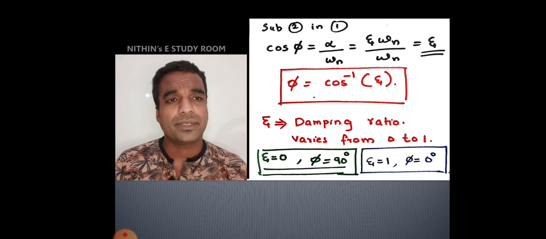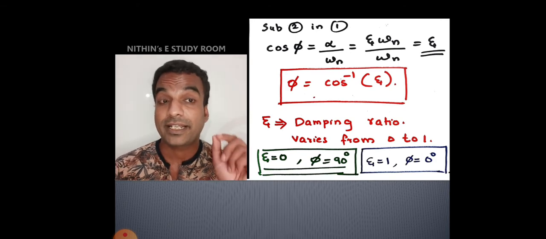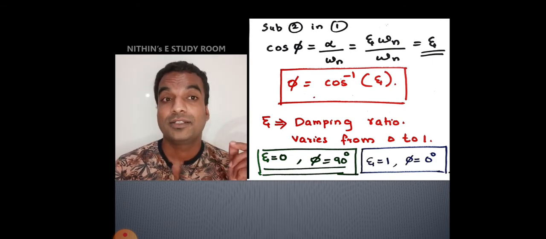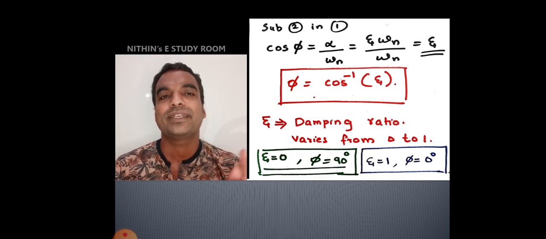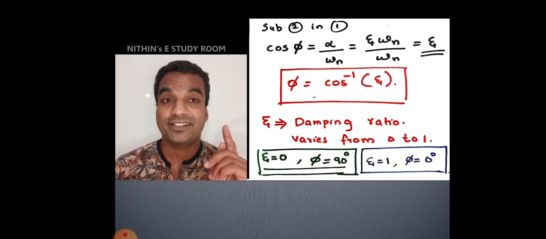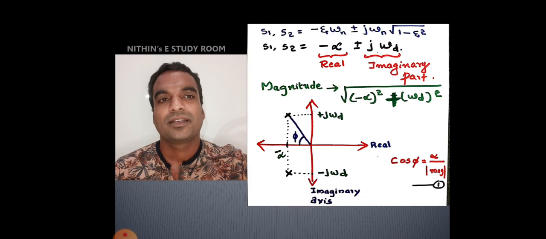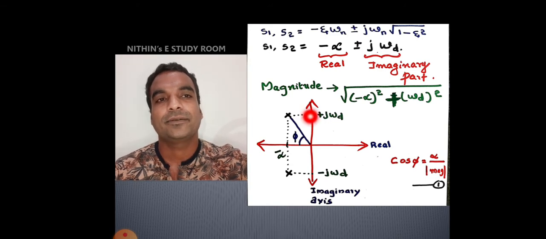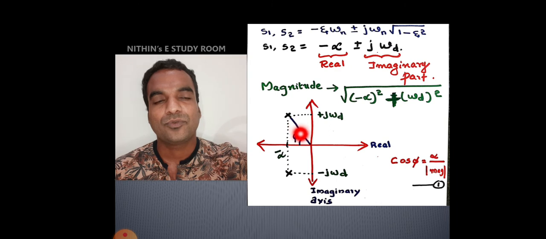So eta is damping ratio and eta may vary from 0 to 1. That is an important thing. The range of eta is 0 to 1. So phi is equal to cos inverse eta. So eta is equal to 0 means phi is equal to 90 degree. And eta is equal to 1 means phi is equal to 0 degree.